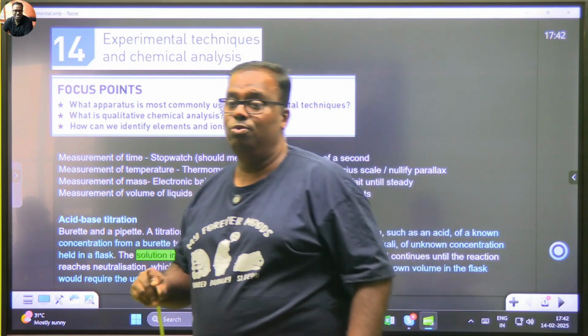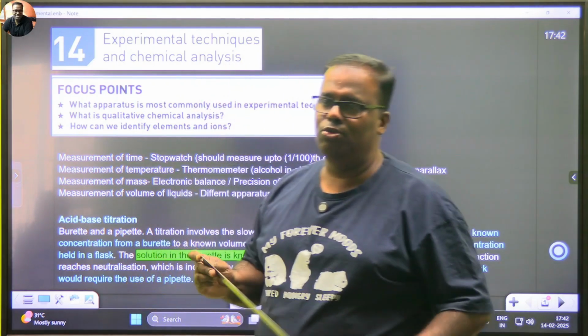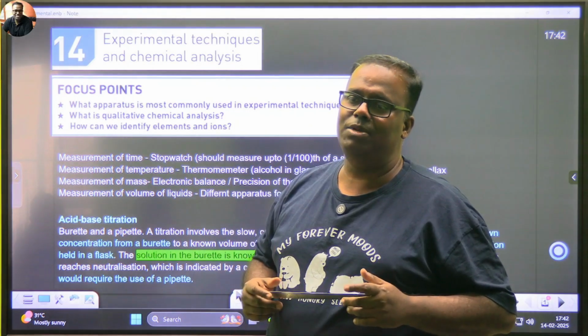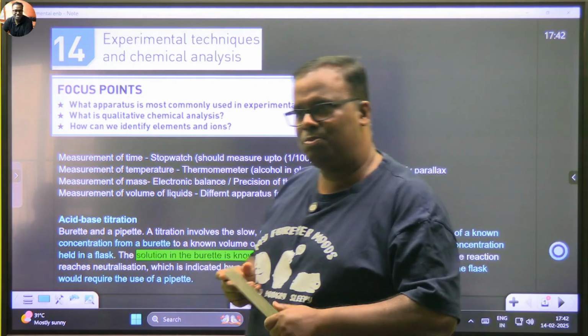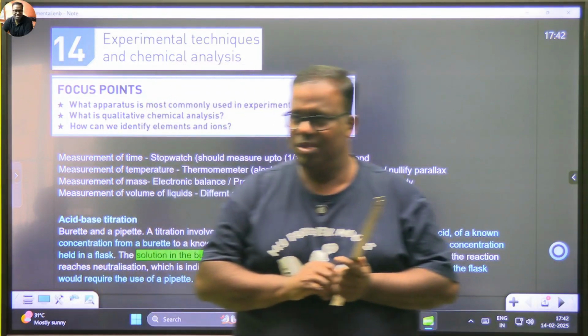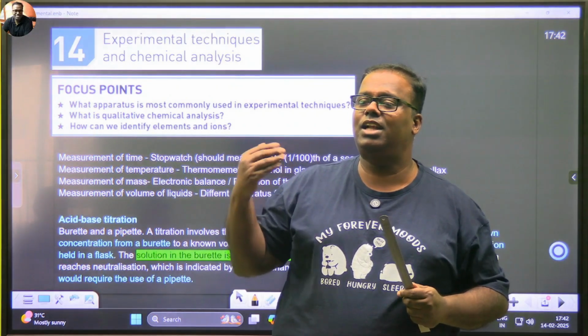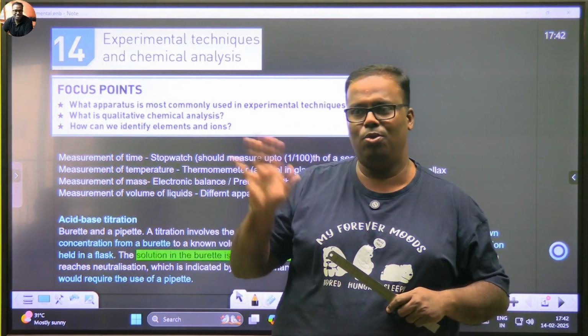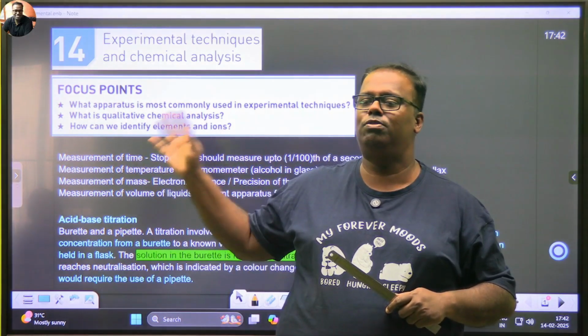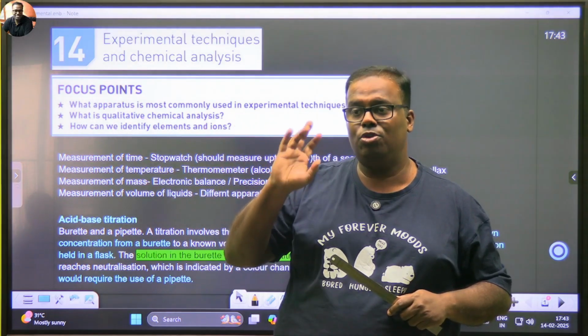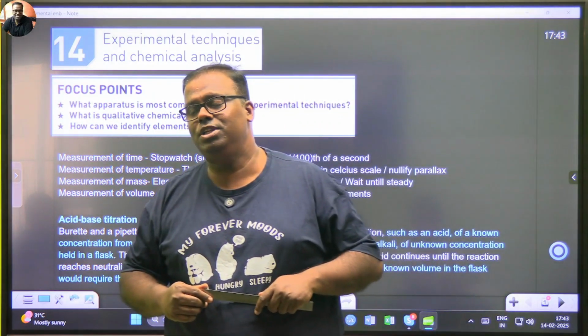In fact, when you do your labs, there will be an external examiner who will be moving around. He will not be from your school. Many children think that getting the right value is all about the experiment. No. We are doing the experiment in a lab, and we may not get the accurate value. What we should be more cautious about is how we are doing the experiment.